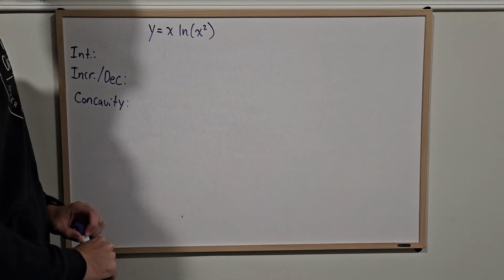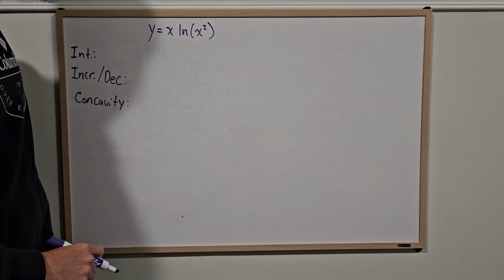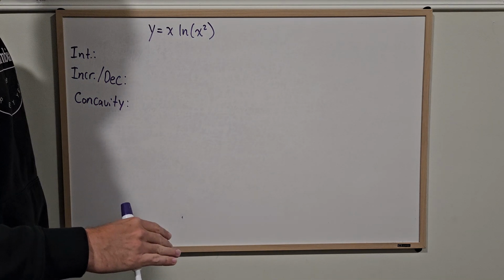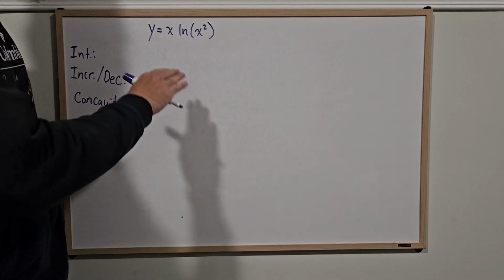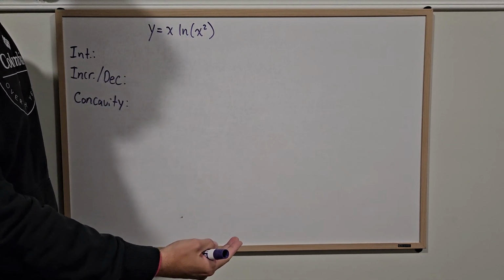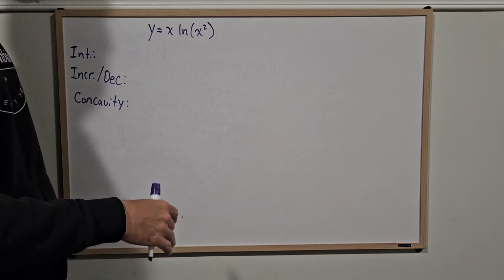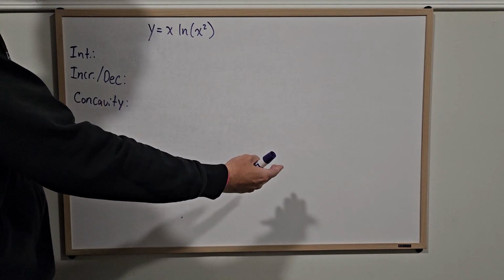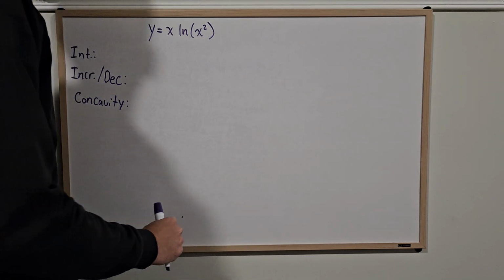Okay? So, looking at our intercepts, for these we're going to have to try and have y equal to 0 and x equal to 0, and see what happens if we can get values or points that we can use to plot on our graph, right?